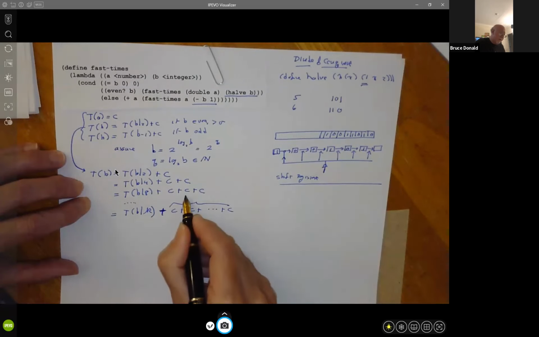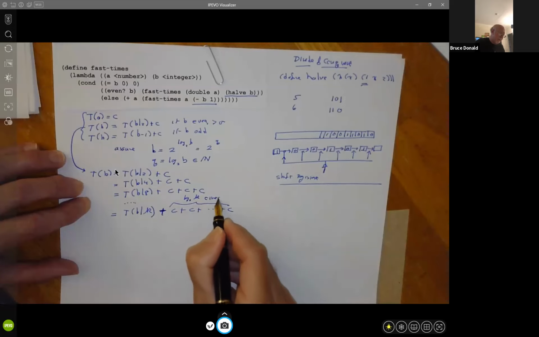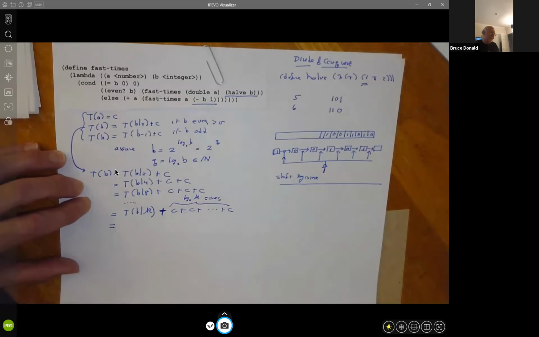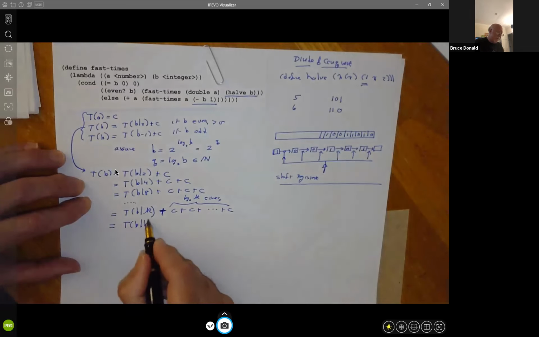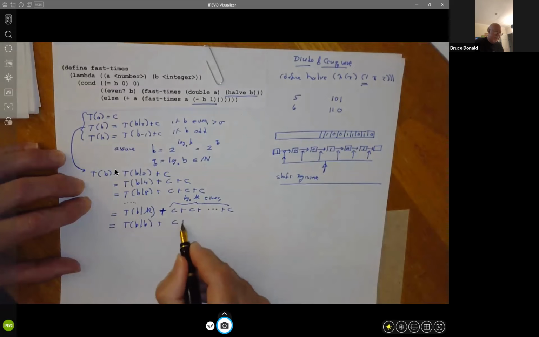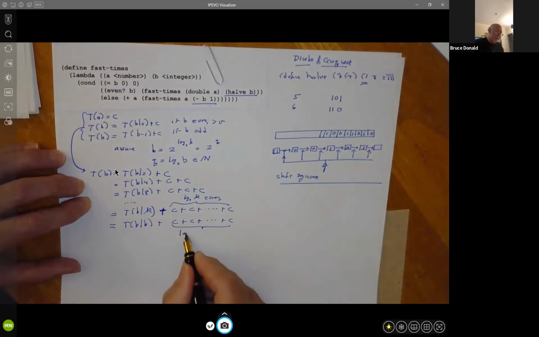They're going to be log base 2 of k times. And now we go all the way to the bottom and we set k equal to b, and we have t of b over b plus, writing this again, c plus all the way up to c. And substituting b for k, we'll have log base 2 of b times. That's how many c's we've accumulated.